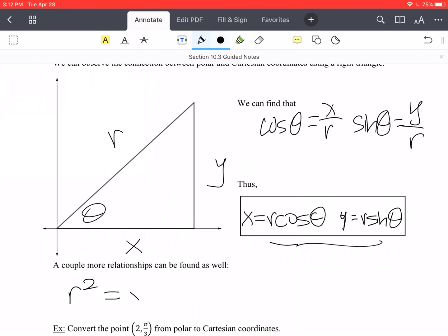And so this becomes x squared plus y squared. Okay, and this one should look just like the equation of a circle, right? Centered at the origin, and that's what it is. We can also, using the triangle, find the tangent value as well. So tangent of theta equals opposite over adjacent, so that's y over x.